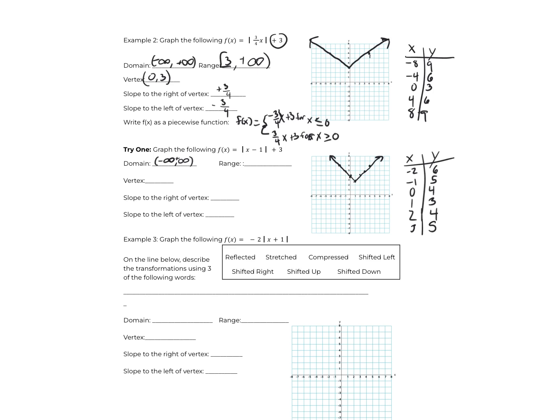The range, the lowest this goes, is 3. And it goes up to positive infinity again. Alright, the vertex, that turnaround point, is at 1, 3.